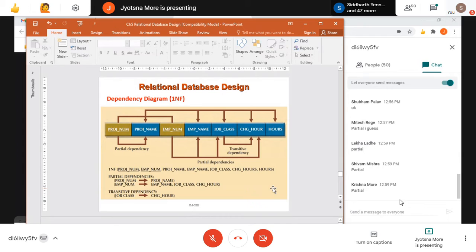Which are the partial functional dependencies here, in terms of F? F1 and F3. Yes, so write down: because of partial functional dependencies F1 and F3.